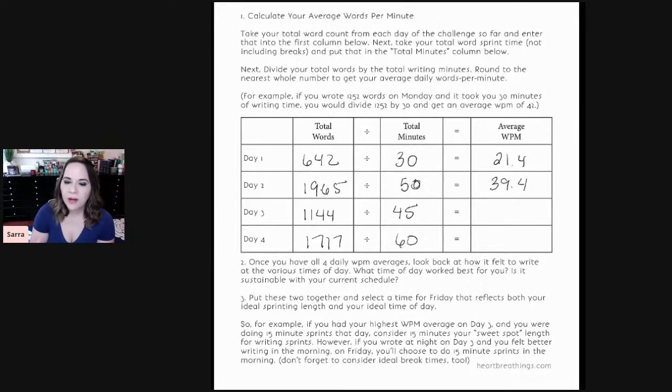In 10 minutes, I really can barely get started and I'm barely showing up. But by 25 minutes, I'm really speeding through. So let's say we look through day 3, which would have been, when we do that math, 25.4. And then day 4 would be 28.6. So if you start looking at this, you can see obviously these 25-minute sprints were better for me.